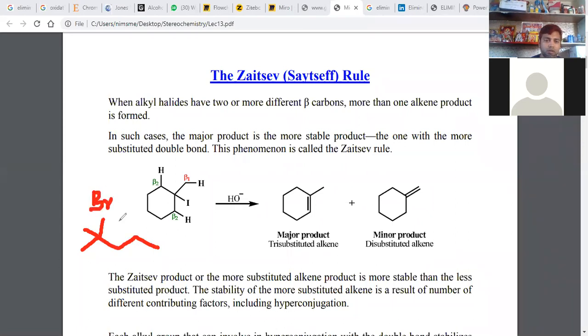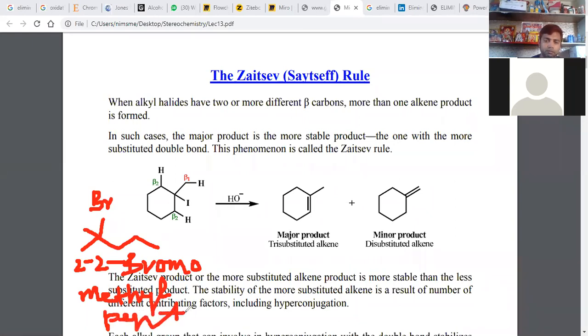See, this is 2-bromo-2-methylpentane. So this undergoes an elimination reaction.